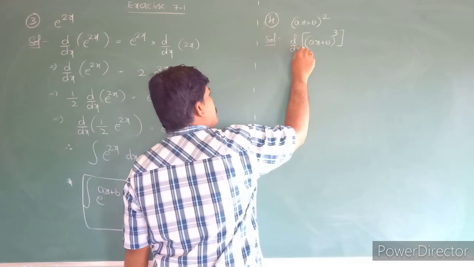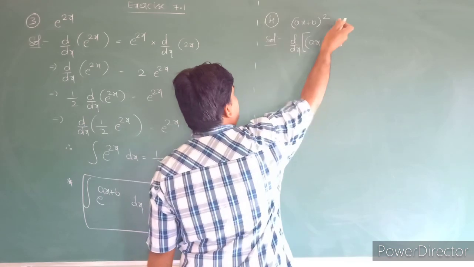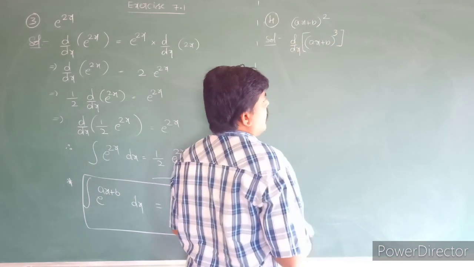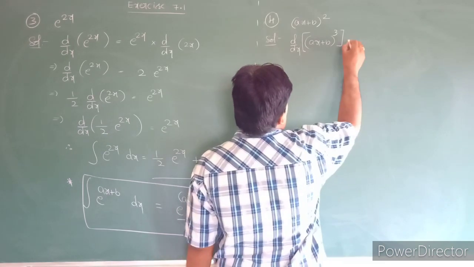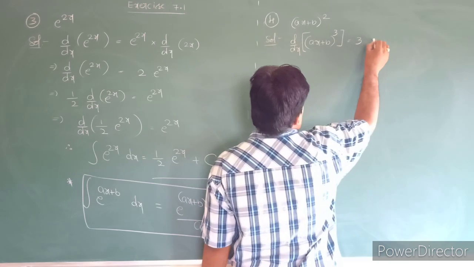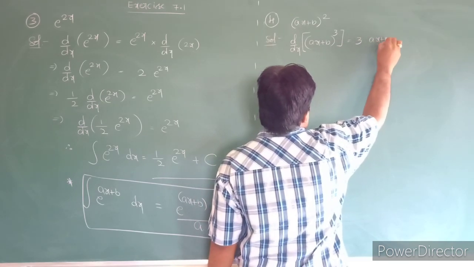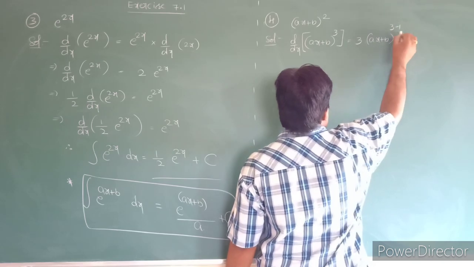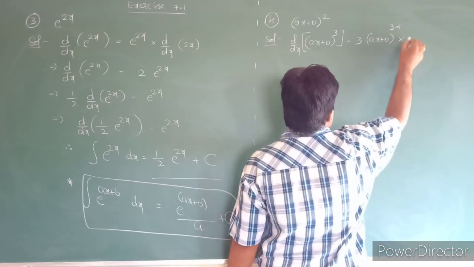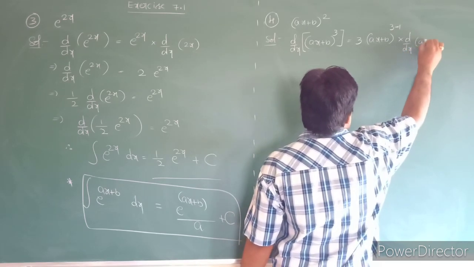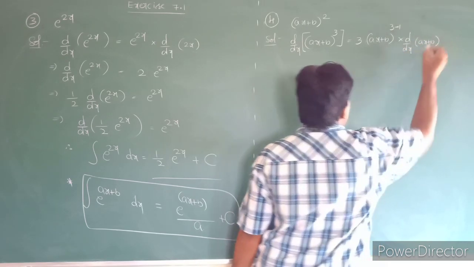So what happens? The derivative of x power n formula: n into x power n minus 1. What is the x term here? Ax plus b whole power n minus 1, that is 3 minus 1, into the derivative of ax plus b.